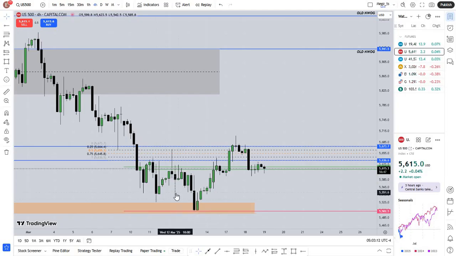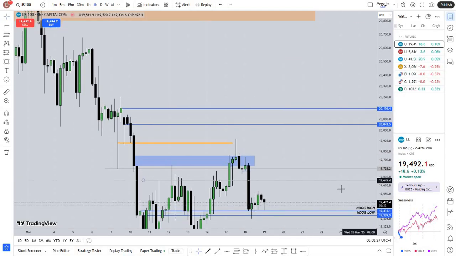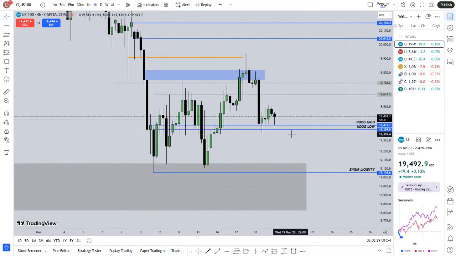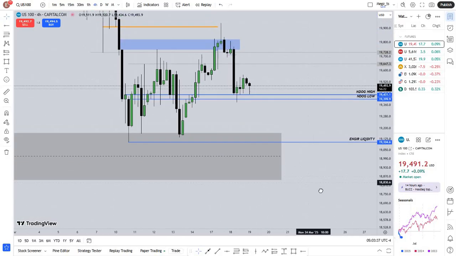This low was taken out, as you can see, and on the US 100, this low wasn't taken out. So that caused the run into the premium array, and then we're about to take this low out again. Now it will be very aggressive, very aggressive. You hear me? This type of scenario, when you have price run through aggressively and then start shooting lower.